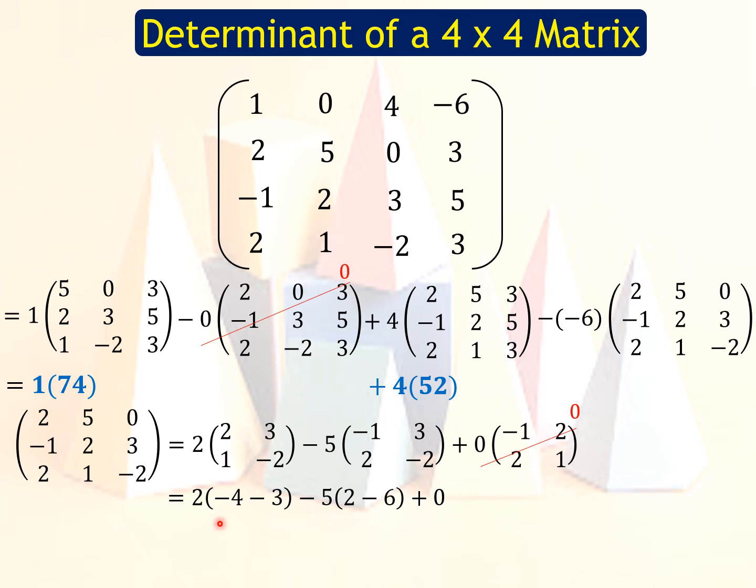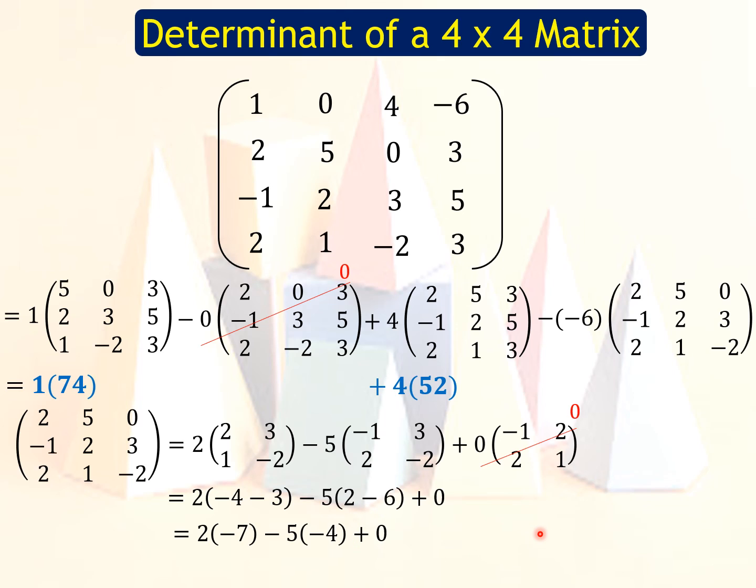So let us continue. We are going to multiply. So 2 times negative 2 is negative 4 minus 3 times 1 is 3. And then negative 1 times negative 2 is positive 2 minus 3 times 2 is 6. So negative 4 minus 3 is negative 7, and then 2 minus 6 is negative 4.